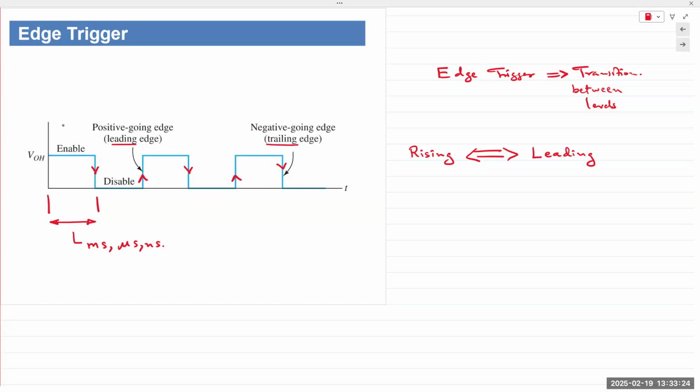And if the transition is from a higher level to a lower level, meaning it's falling, it is known as a falling edge. Falling is also referred to as the trailing or lagging edge.